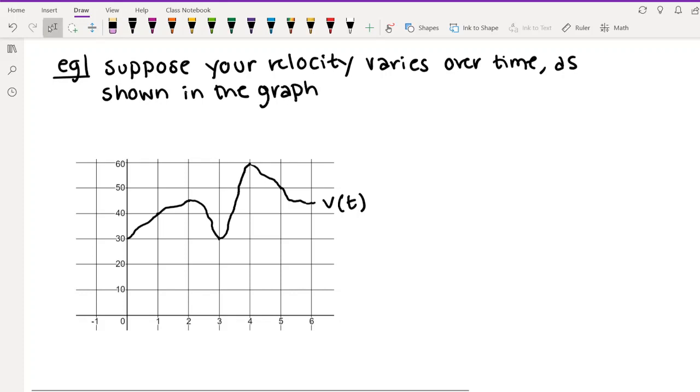So this is a graph, again, of the velocity, not of the position. It's very tempting to look at this and think, oh, I'm driving forward, I'm driving backward. This is a graph of the velocity.